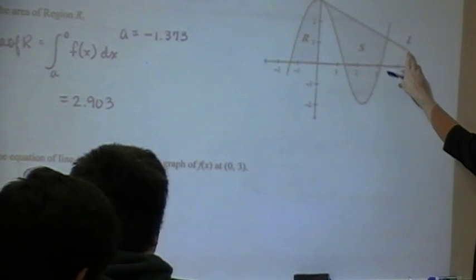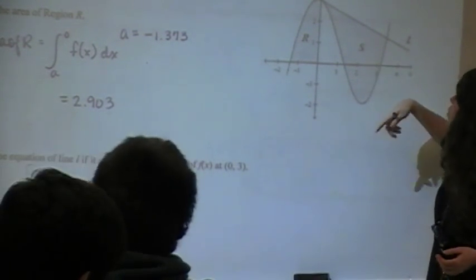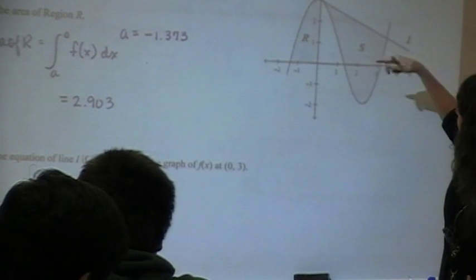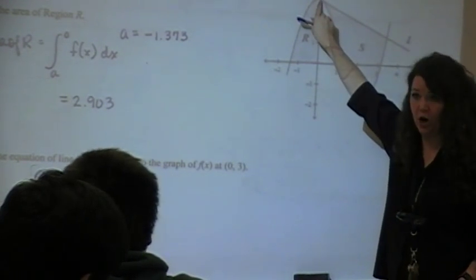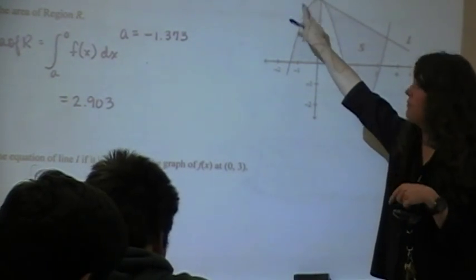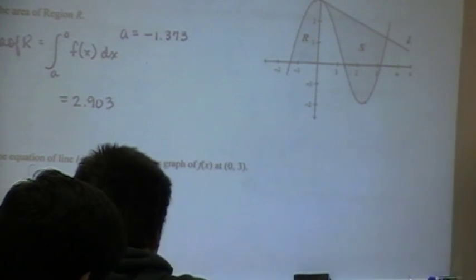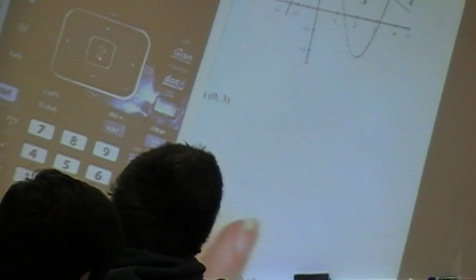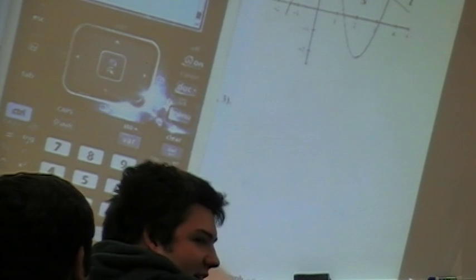A derivative. So I need the slope at that point, the point 0, 3. I need the derivative of my original function. It's okay, it's in our calculator. So we already found the integral. Now let's find the derivative.